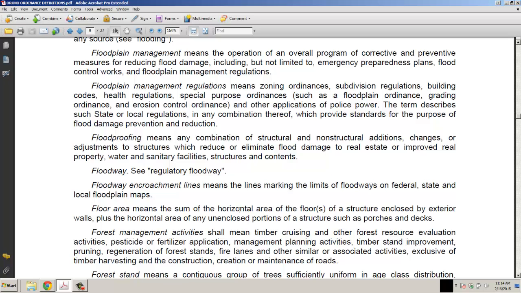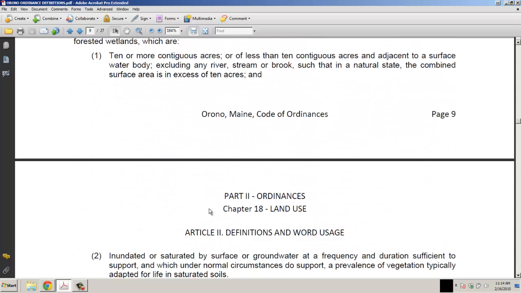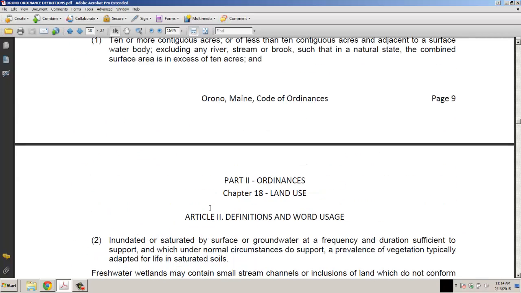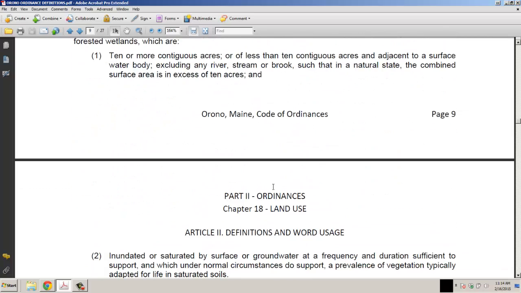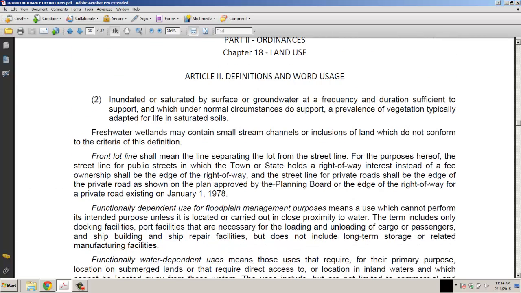So if they start talking to you about flag lots, rather than scratching your head, having somewhat of a knowledge of these types of items is helpful. So skim through this and keep it on hand too. If you need to refer to it based on an email or a conversation, you can always look through and find this information online.